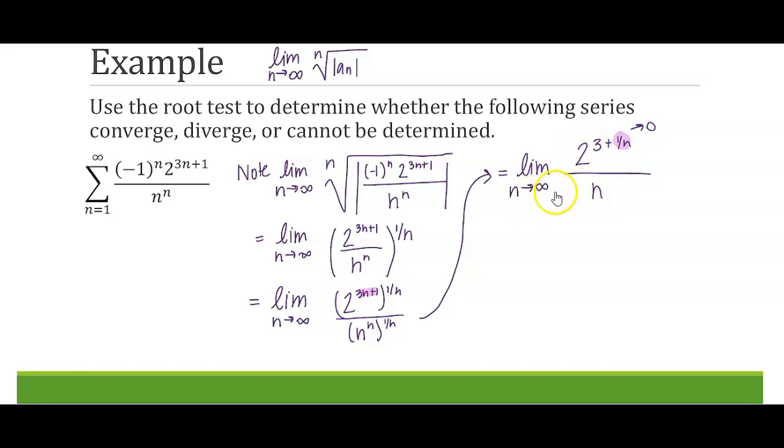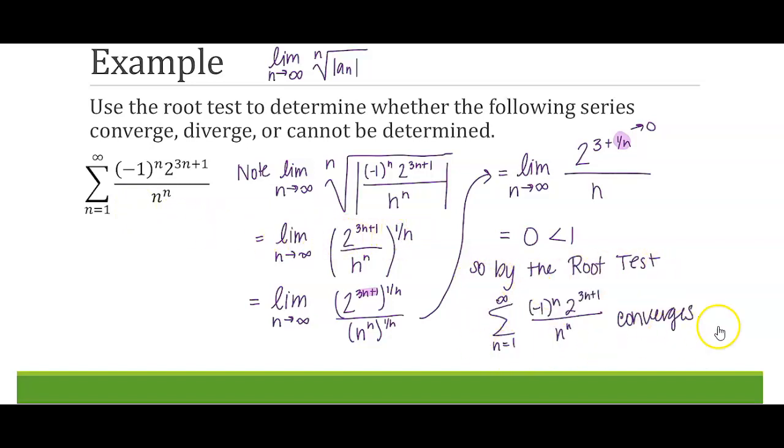And then here, I still have n approaching infinity, so the denominator of the fraction is getting really big. So if the top is basically just the number 8 over a really big value, this whole thing is equal to 0, which is less than 1. So the conclusion by the root test is that the original infinite series does converge.